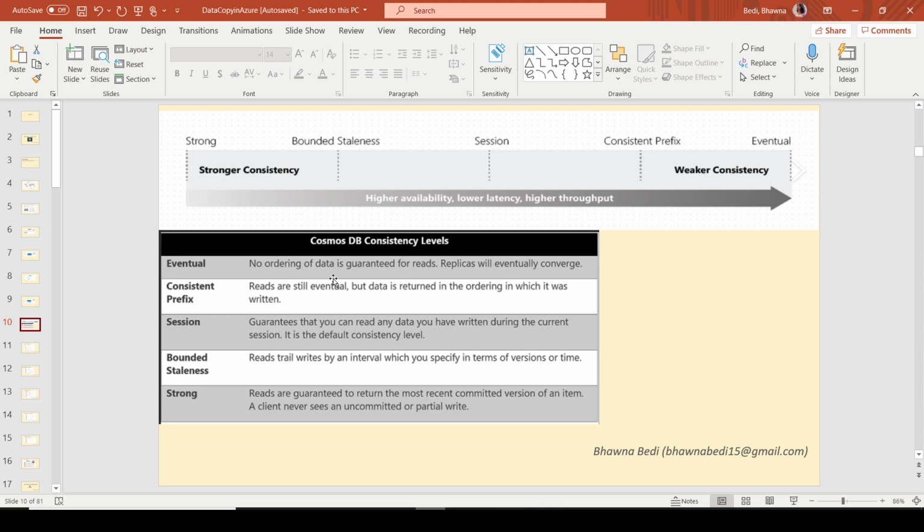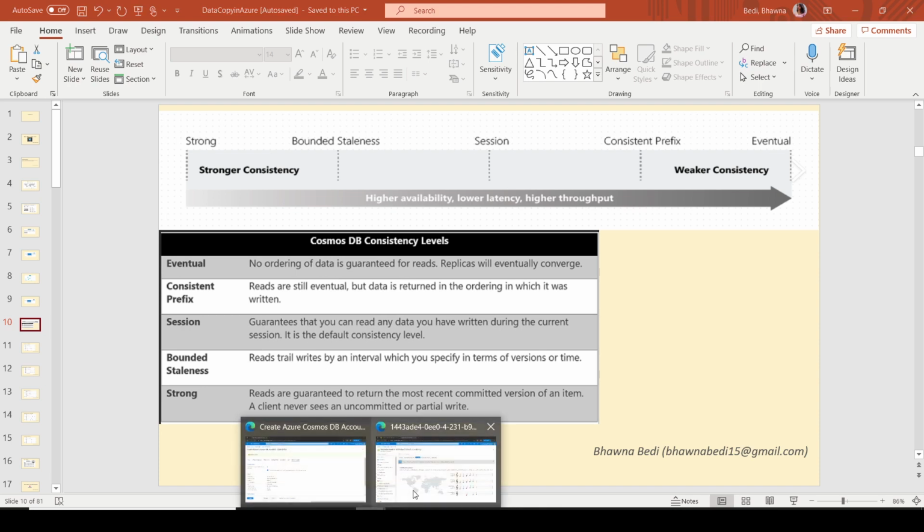When I say strong, it essentially means that if I am writing the data in, let's say, the Europe region, and someone is reading the data from the Asia Pacific region, then that person can essentially read the same data in the same order at the same time. That is called the strongest level of consistency. I'll go into detail about each and every consistency level, so let's go back to the portal and I'll show you how it is defined.